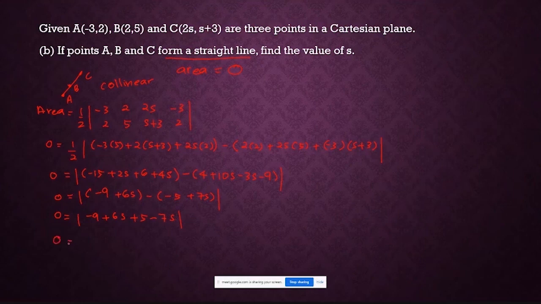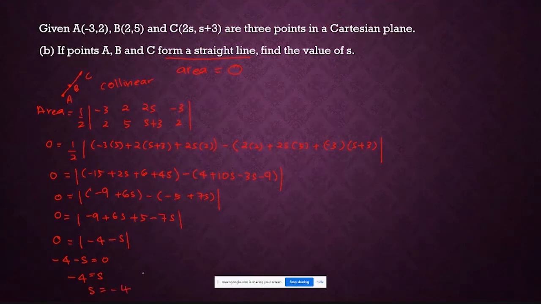So 0 equals negative 4 minus s. Same as before, the concept is the value is 0. So negative 4 minus s is 0. So s equals negative 4.